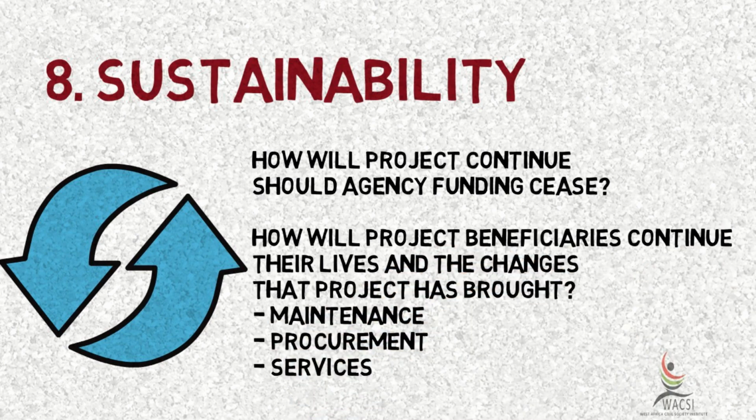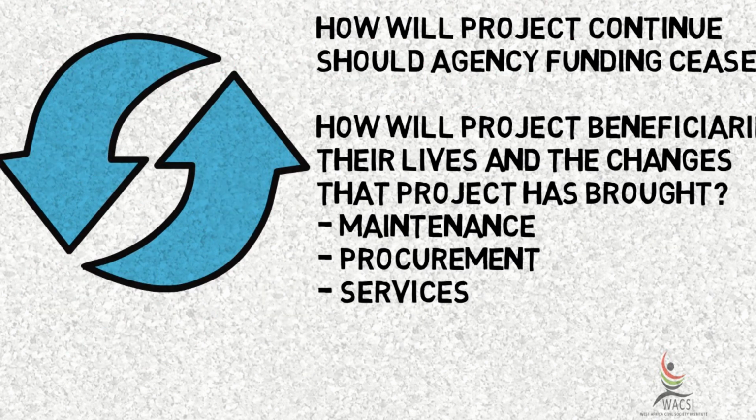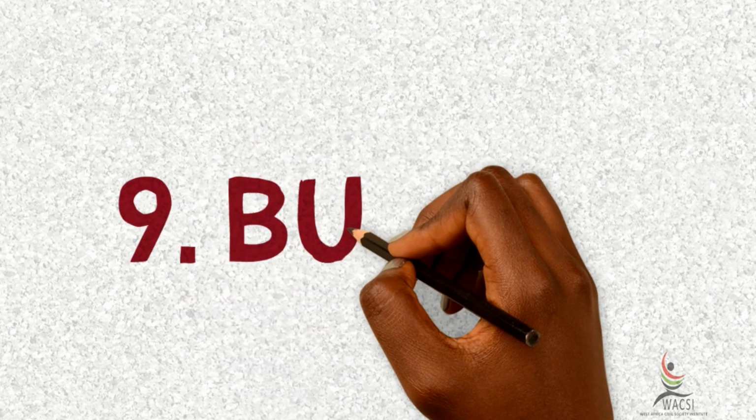How will project beneficiaries continue their lives and the changes that the project has brought? So issues of maintenance, procurement, services. So when we talk about sustainability, we're not only talking about survival of the project beyond the funding period, but also the survival of your institution to scale up the project.